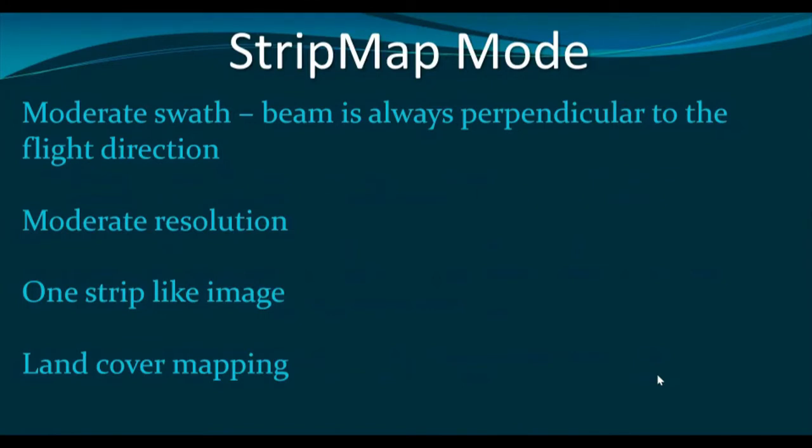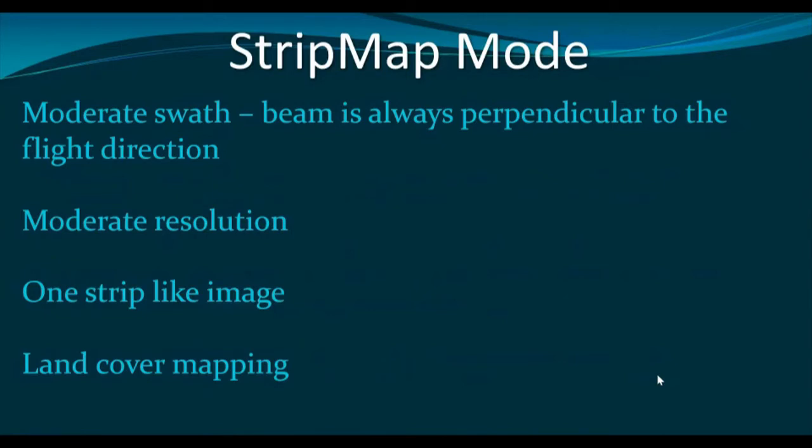In this case the antenna is not being tilted, rather it remains perpendicular to the flight direction always, and we can obtain strip-like imagery with moderate resolution and moderate swath. This type of scanning mode can be used for land cover mapping or land cover identification, etc.